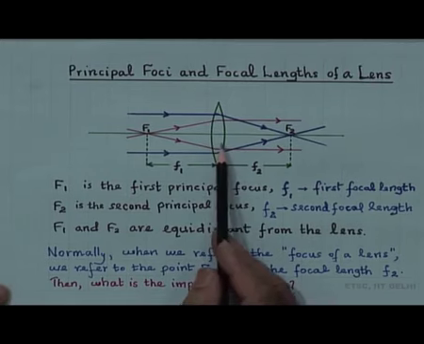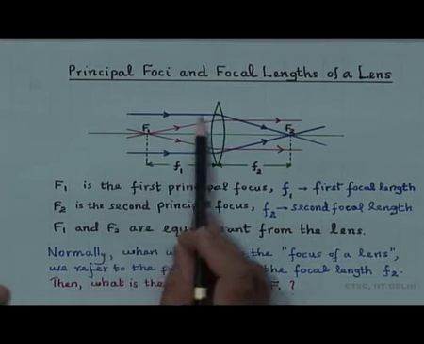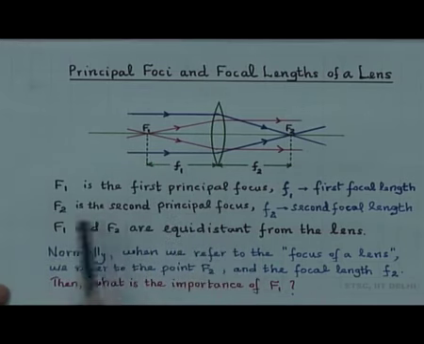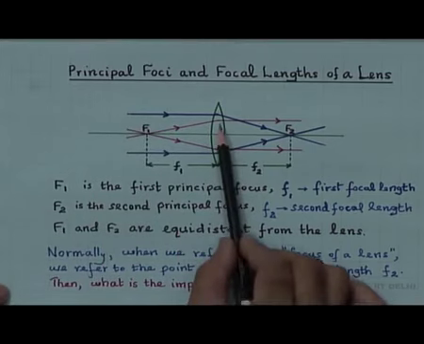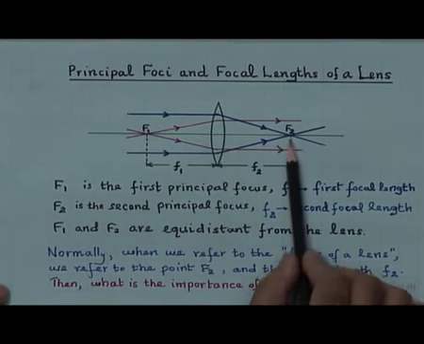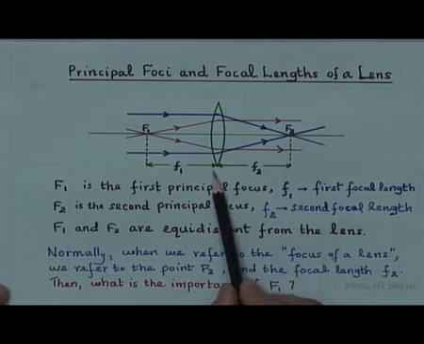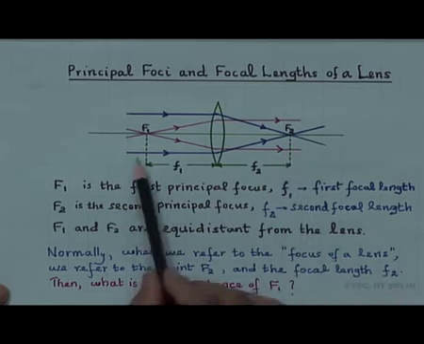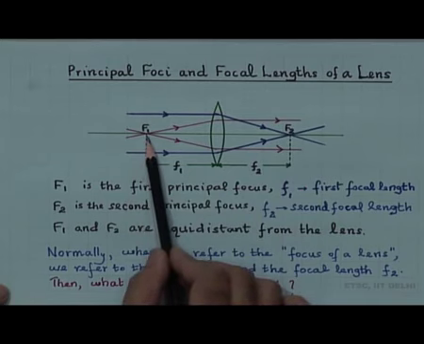So, here is the lens, light incident from here, from the left side, all light rays are incident from the left side here, and it is focused to a point F2 here with a focal length f2, whereas F1 is the first principal focus.